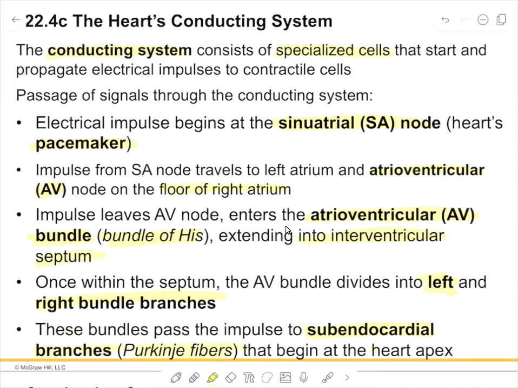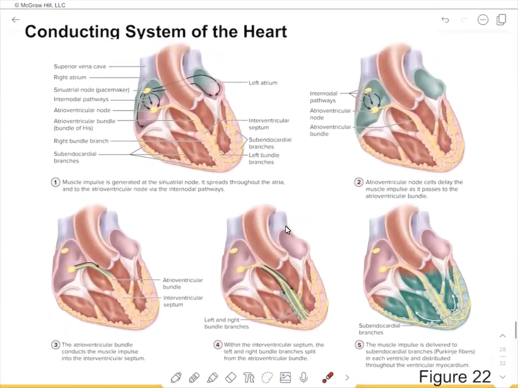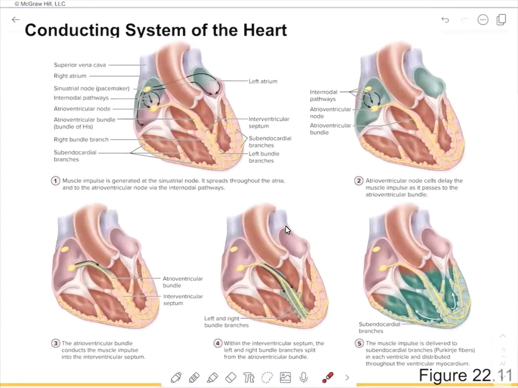And they begin at the heart's apex. So essentially, we have 5 different specialized regions of cells. We have the sinoatrial node, the AV node, the AV bundle, right and left bundle branches, and then finally the Purkinje fibers.